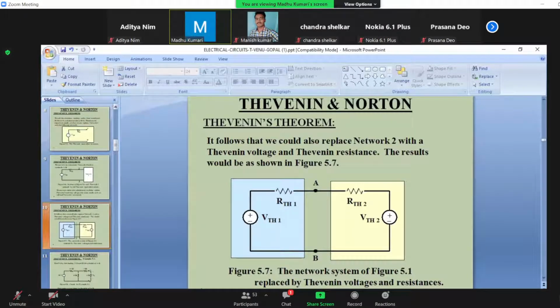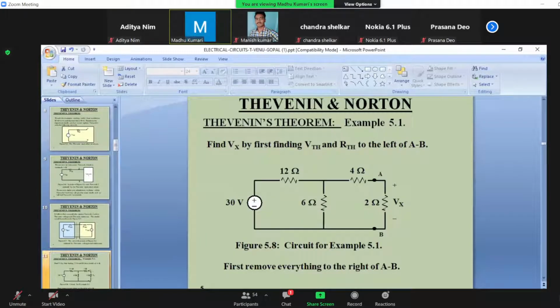You only need to know that if two networks are connected in series, one has V Thevenin 1 and R Thevenin 1, the second has V Thevenin 2 and R Thevenin 2, both in series, then you can apply KVL and calculate the current.